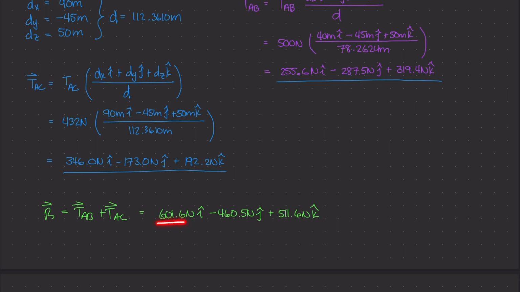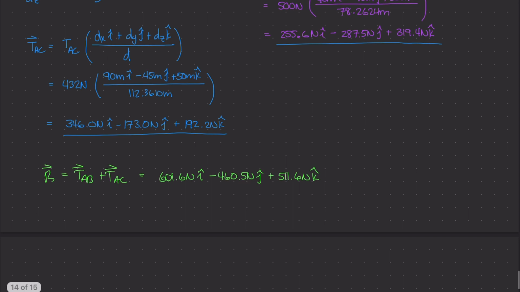So 601.6 newtons in the I direction, and that was simply 346 plus 255, and then negative 460.5 in the J direction, and that was negative 173 plus negative 287, and then finally 511.6, which was 192 plus 319. I get this value right here. So that's great. We know the three different components for this resultant force.